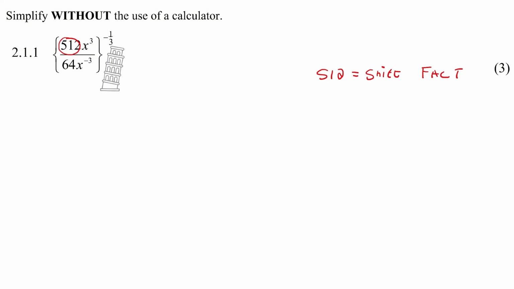If you've done that correctly, you should get 2 to the power of 9. So we're going to have 2 to the power of 9, and then x to the power of 3, and at the bottom we do the same with the 64, which is 2 to the power of 6, and then we still have x to the power of -3, and on the outside we've got -1/3.